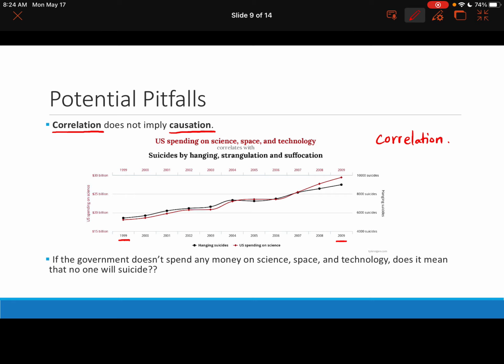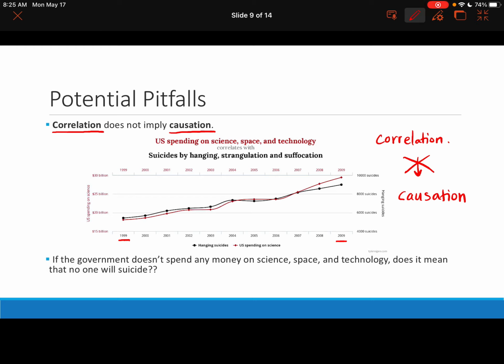If the spending is higher, that means as time goes on, you spend more money on these reasons, then there are more suicides. But there's no causation. The spending is not the reason that you have more suicides, or the other way.